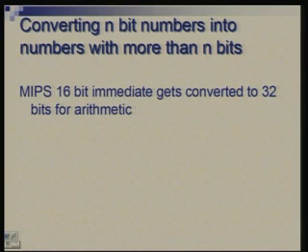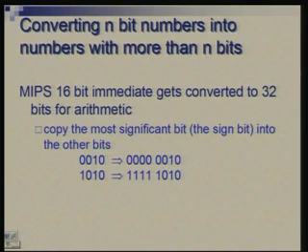The adder is capable of adding two 32 bit numbers. So basically what is done is the shorter integers, 16 bit integers, are actually re-represented in 32 bits, okay. So how do you do this conversion? The most significant bit, which is actually the sign bit, is repeated to fill up those additional 16 places, okay.